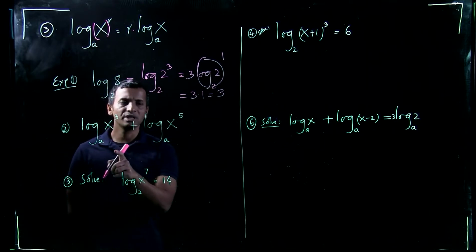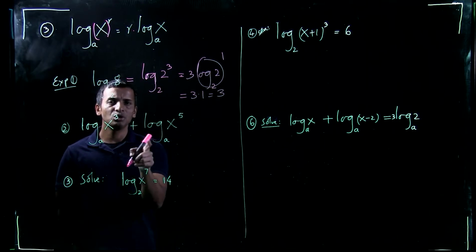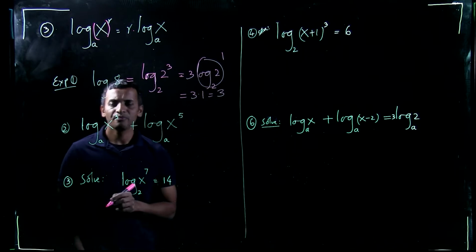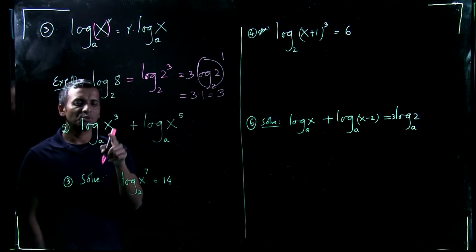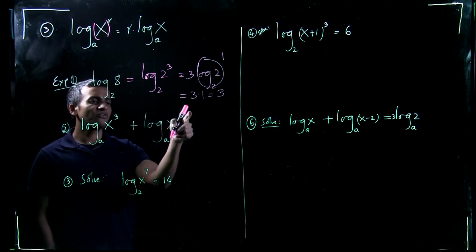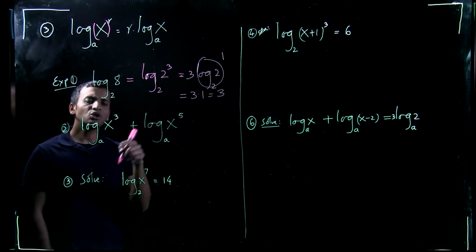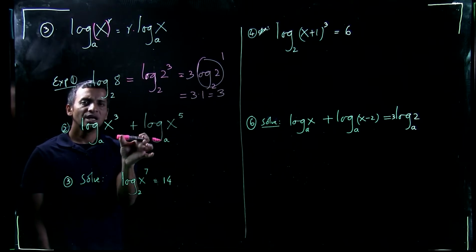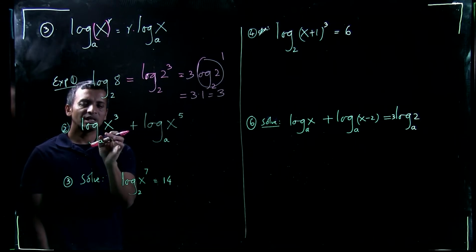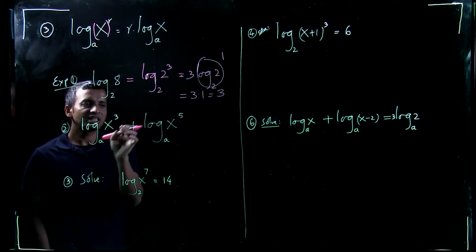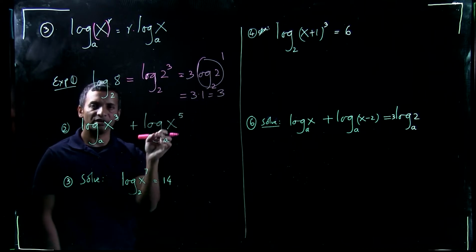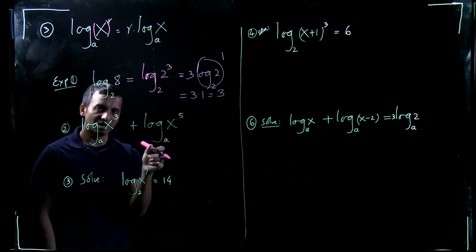The next thing we want to do is, you want to combine these two logs, okay? So log of x to the third with base a, log of x to the fifth with base a. So there are two ways to do that. One way is, you can apply formula number 3, that is, you add the two logs, meaning that log base a of x cubed times x to the fifth, that will be x to the 8th, right?